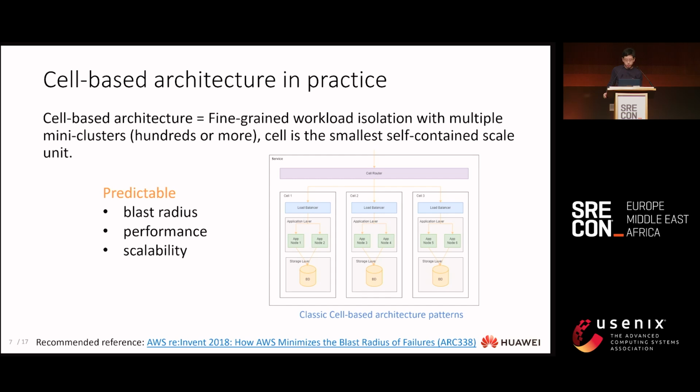Basically, one cell is the smallest self-contained scale unit. One cell could be a single cluster serving customers. That means when you scale your cluster, you are basically adding more cells.